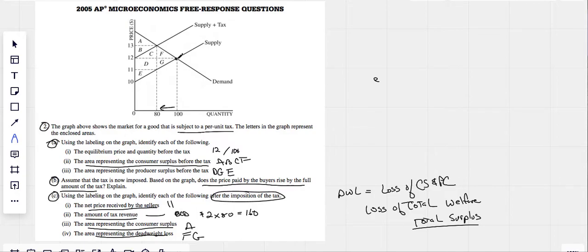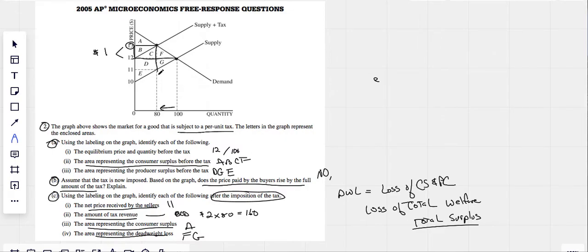We can see that the original price was 12, and we can see that the price now is 13. So the price only rose by $1. But the tax was $2. So we can see that it does not rise by the full amount of the tax. So no, and that gets you 1 point.